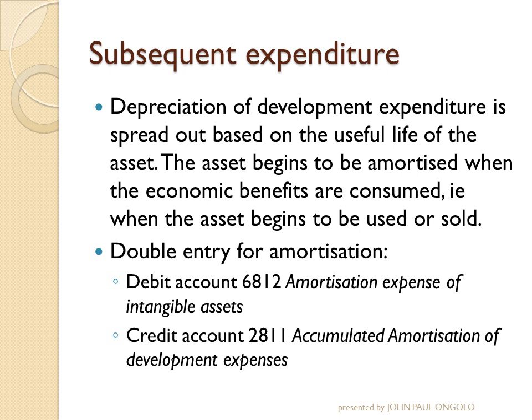In other words, the difference between the account 211 development expenditure and account 2811 accumulated amortization will give the net book value of the development expenditure in the balance sheet.